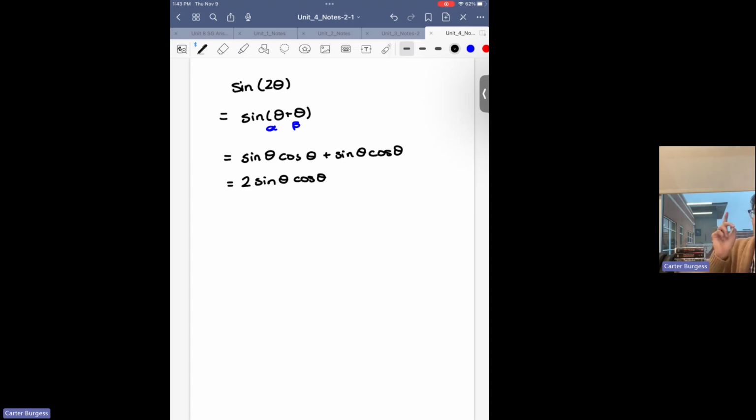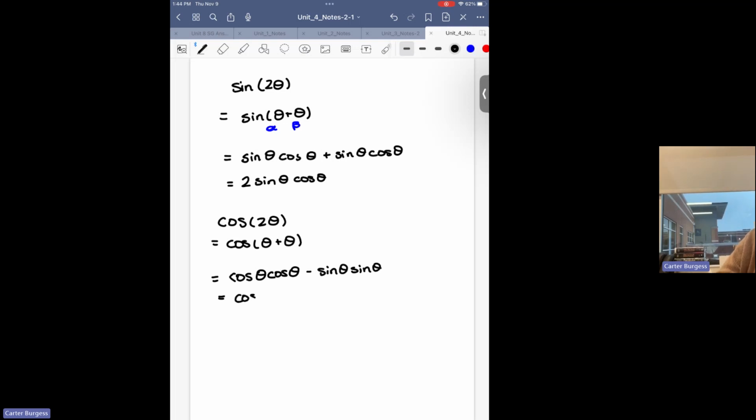We can do the exact same logic to cosine and tangent as well. Cosine of 2 theta likewise is just cosine of theta plus theta, which is, well, cosine's mean, so cosine of alpha times cosine of beta minus sine of alpha times sine of beta.